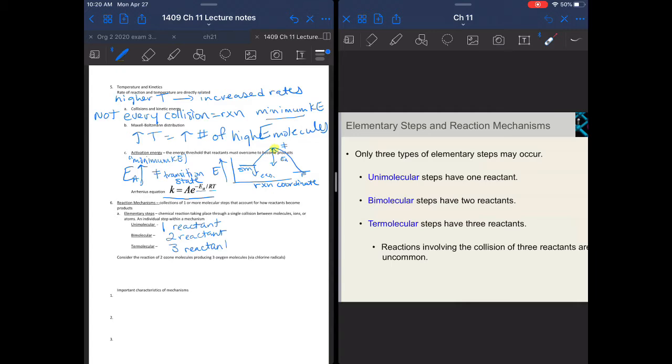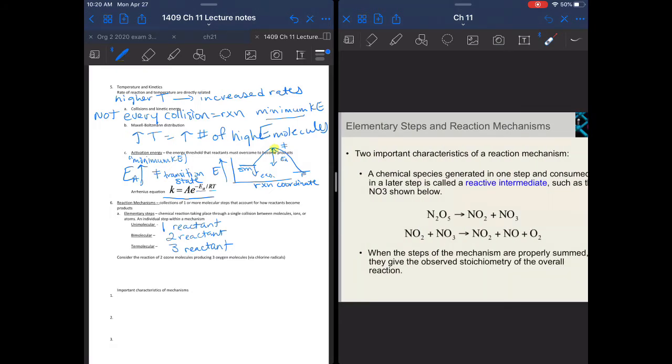We're not going to go higher than that. 3 is already unlikely, because if you have an elementary step that requires 3 molecules to collide to react, then the likelihood of that geometry being correct and the energy being correct in order to form a reaction is just not going to be as likely as unimolecular or bimolecular. Right?